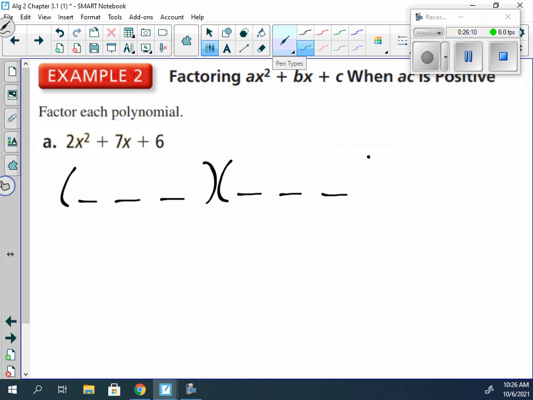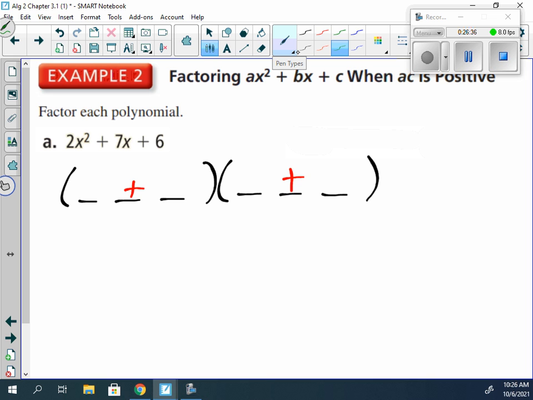2 sets of parentheses with 3 spaces. And really the 3 spaces is just to give y'all some spacing idea, so you're not having things that are too small. Now, exactly, the constant term is positive, so the signs are the same, and they match the sign of the middle term, which is positive. So both of these would be positive.